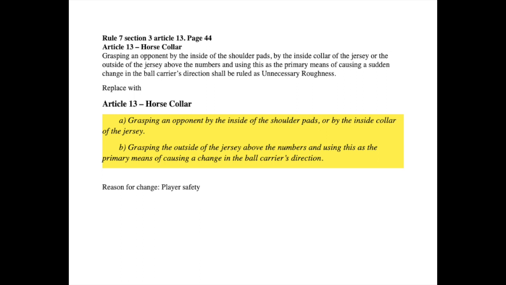So our next rule is going to be Rule 7, Section 3, Article 13, and that's the horse collar. It's being revised again this year, and there are two portions to this penalty. First, horse collar A, grasping an opponent by the inside of the shoulder pads or by the inside collar of the jersey, that is a foul.